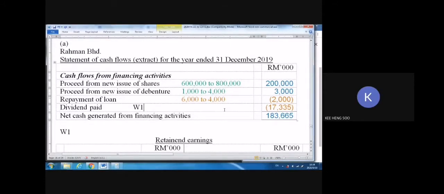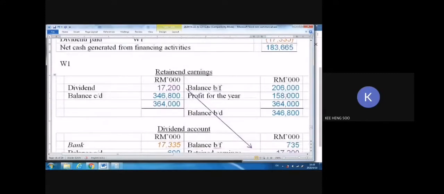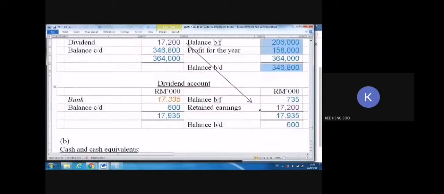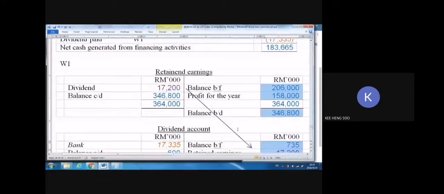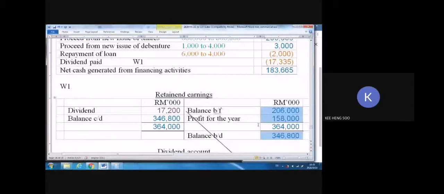Like this dividend, 1, 2, 3, 4, I think 3 only. We need to have these figures. Marks will be given for this one. Six halves means 3 marks already. I see your working, you can get 3 marks there.